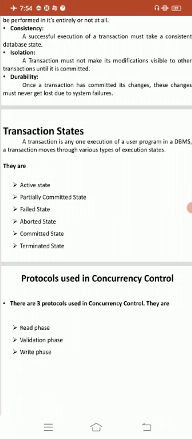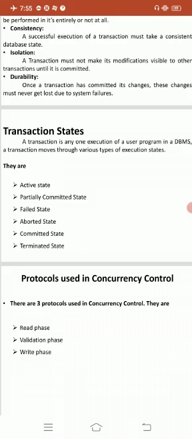Transactions are broken up into several states. What are the states? The first one is called the active state. What is meant by the active state?